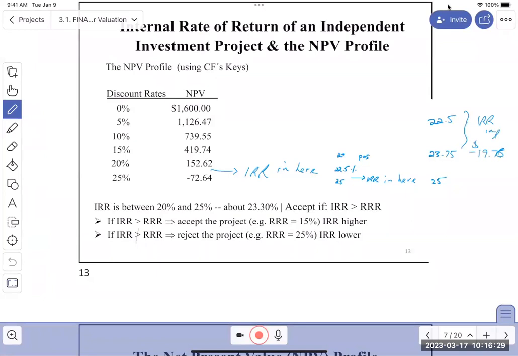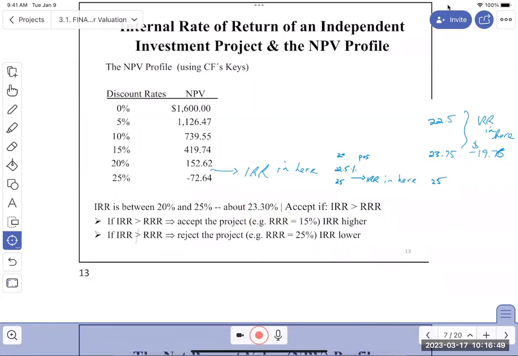So we're getting closer and closer. So if you could say it's between 22.5 and 23.75, and in fact, it turns out to be 23.3. So you could just try 23 at that point to get an idea, and that would be very close to zero.